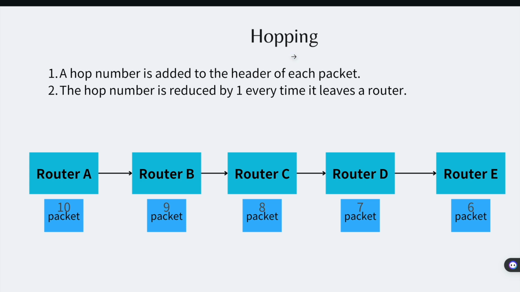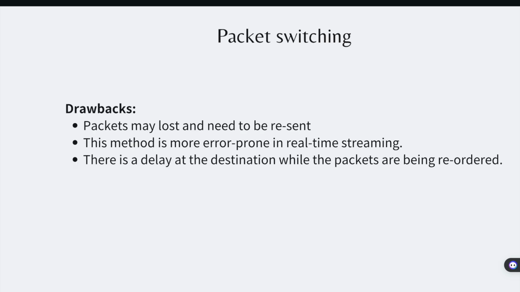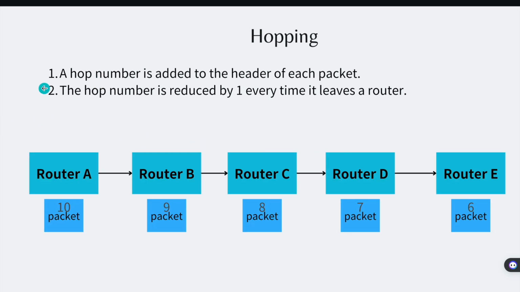Okay, now we are going to introduce a method called hopping. Hopping is a way to resolve the problem that packets may be lost and need to be resent. In this method, a hop number is added to the header of each packet, just like this one. We add 10 as the hop number to the header of this packet.